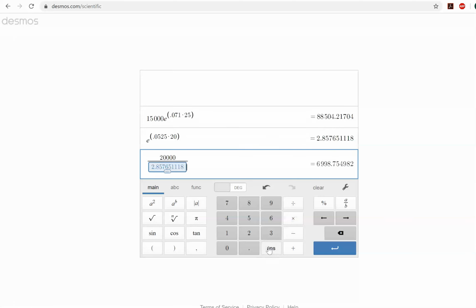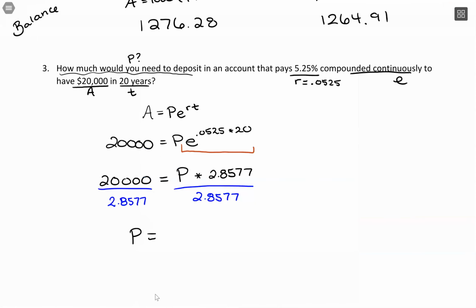If we click that, it's just going to copy and paste for you, and then we can get this exact answer out without any rounding to create error. So our final answer there should be $6,998.75. So that's our compounding continuously function.